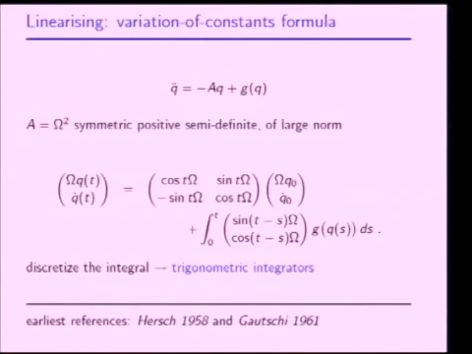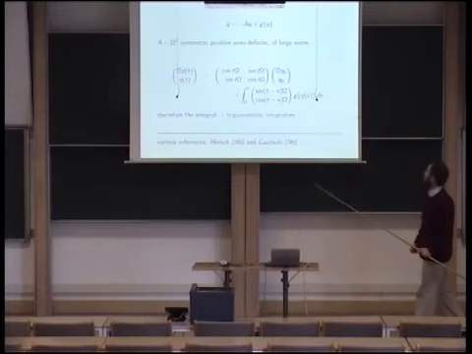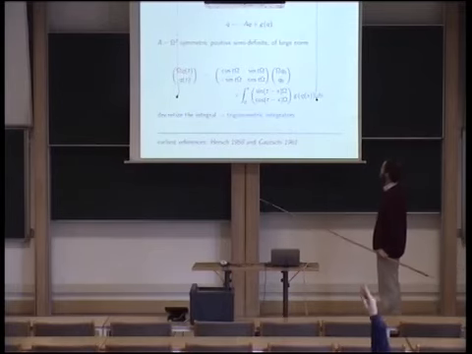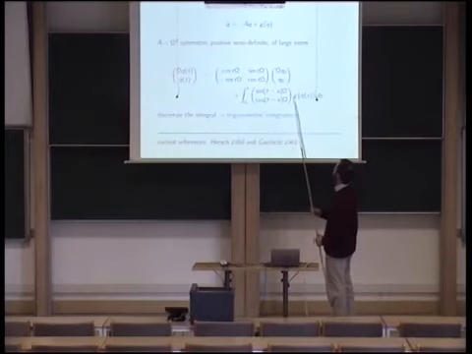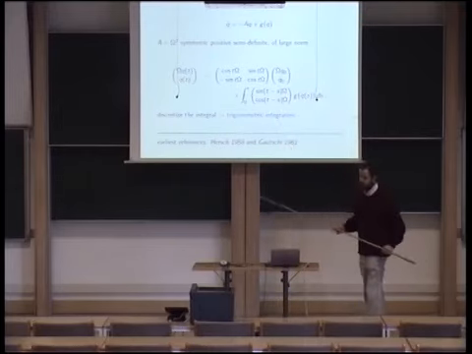For example, you could take the simplest method, approximate g by a constant function over the interval, and then you will end up with a method which has been proposed by Gautschi in 1961. Or just take the trapezoidal rule for approximating this integral, then you will end up with a method which has been proposed by Deuflhard in 1979 and which can be viewed as the impulse method that I proposed to you previously applied to this particular system.